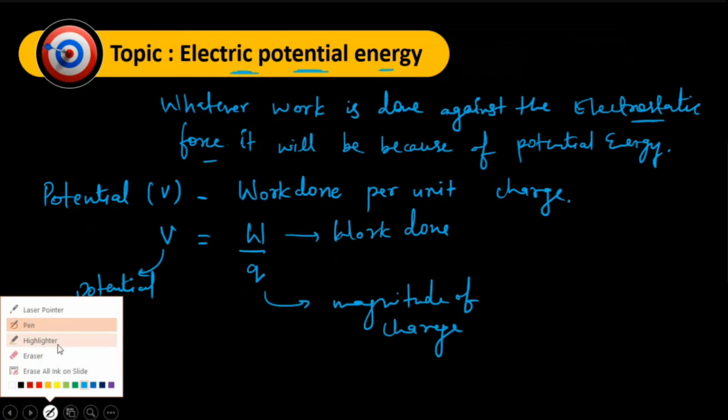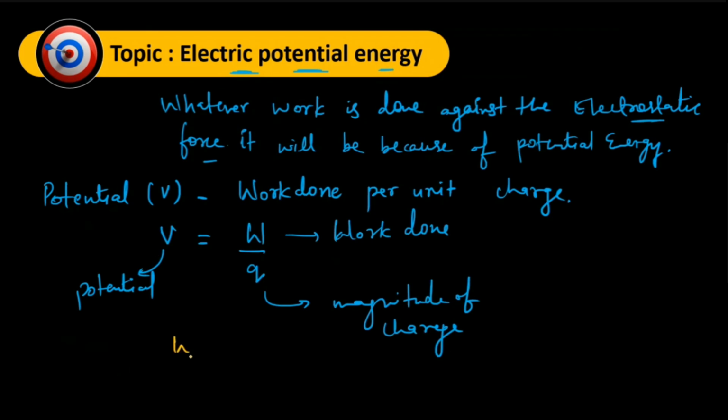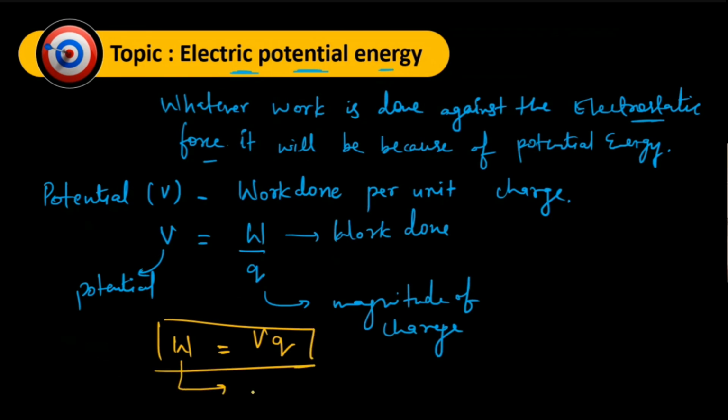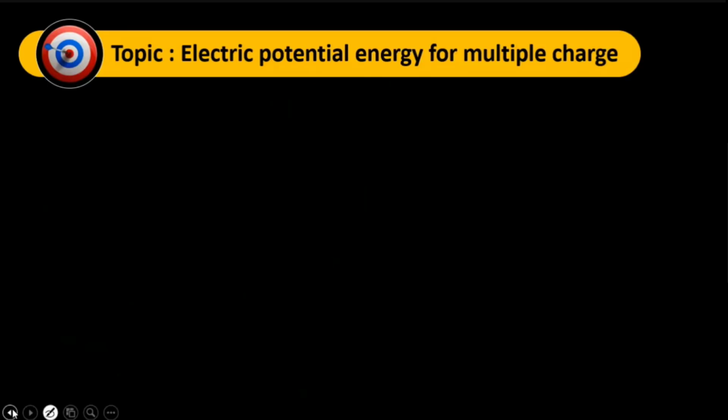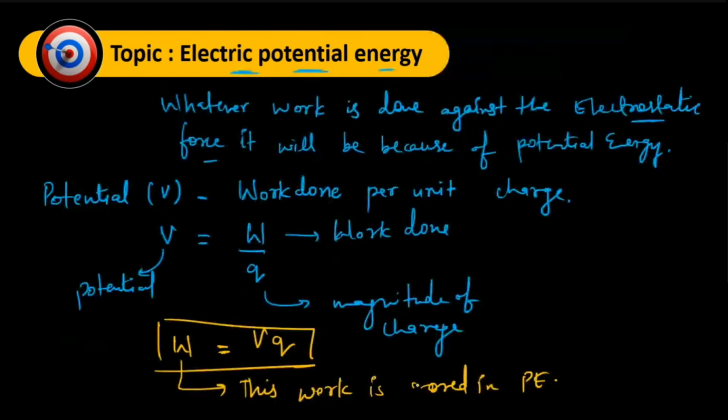So W is potential times the charge, and this work is stored in potential energy, denoted by U, which equals delta V times Q.